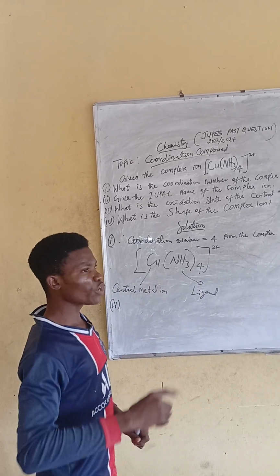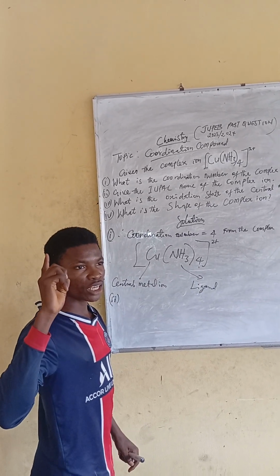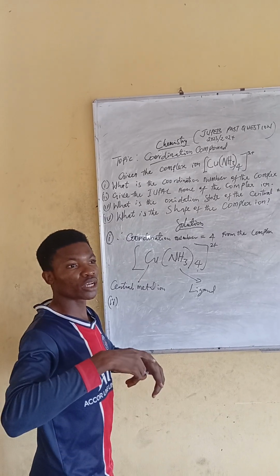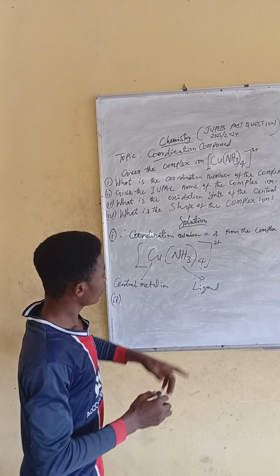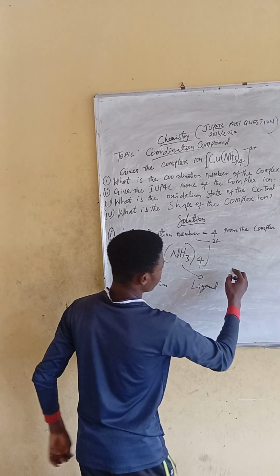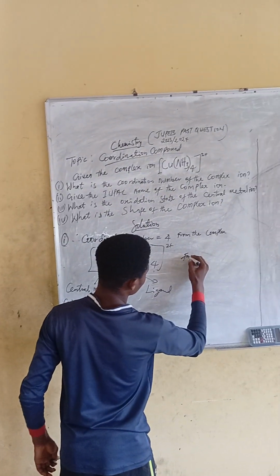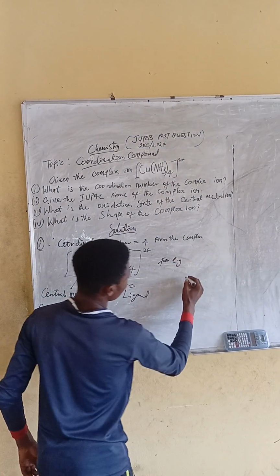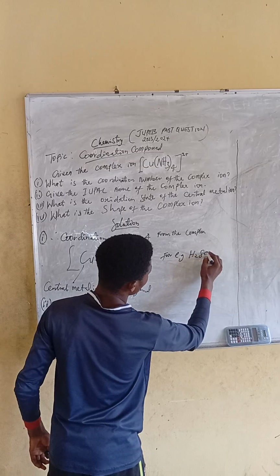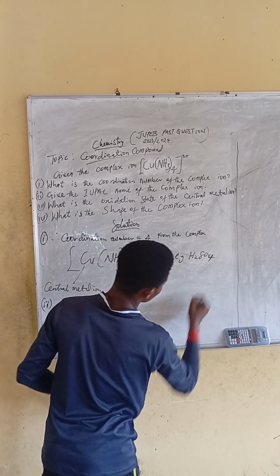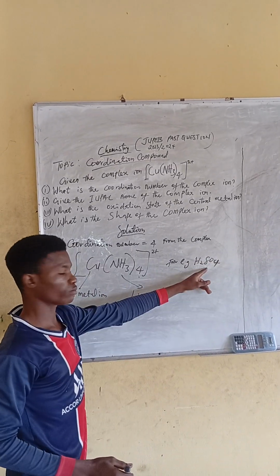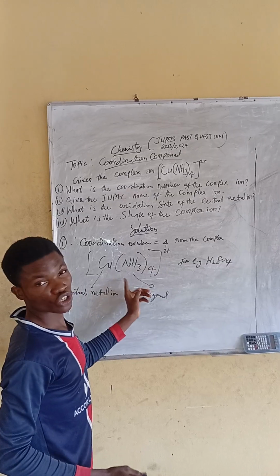Remember, if you can recall, when we are naming chemical compounds, for example H2SO4, this is a chemical compound, while this one is a coordination compound.